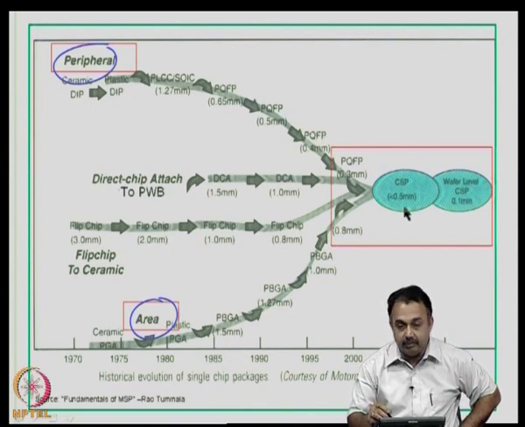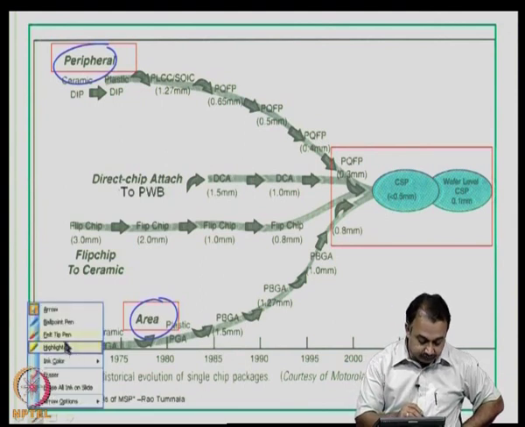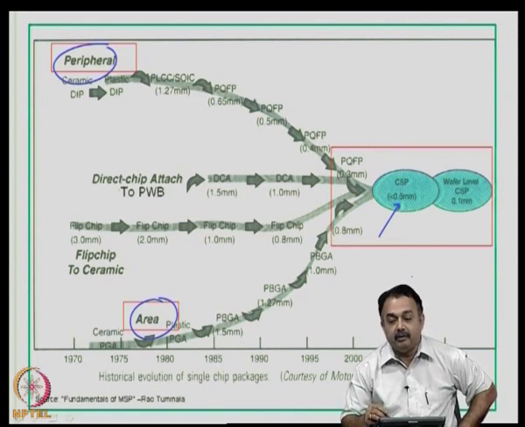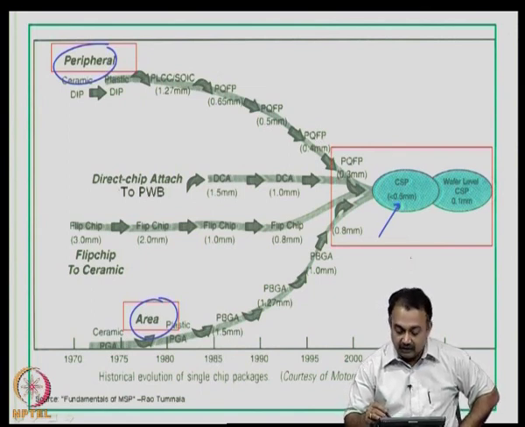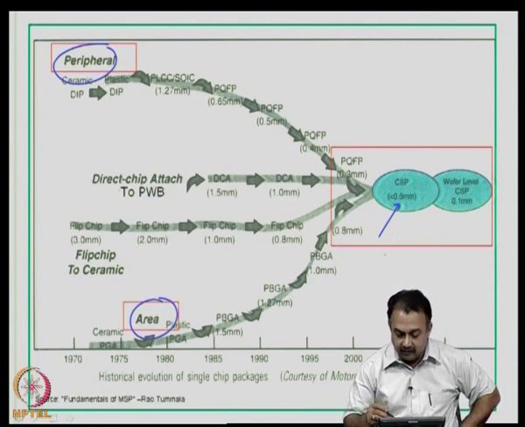Now, if you look at the pitch here, CSP is classified if the pitch is 0.5 mm or below. Otherwise, you can call it a plastic ball grid array or a ceramic ball grid array or a PQFP with 0.3 mm, which we have seen.